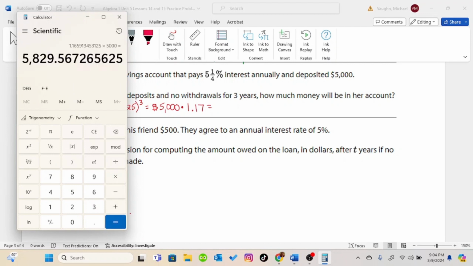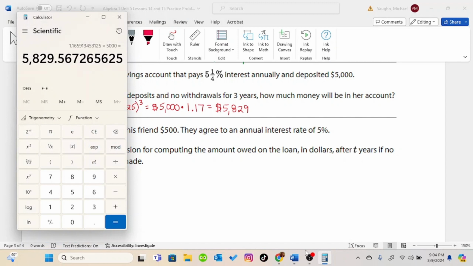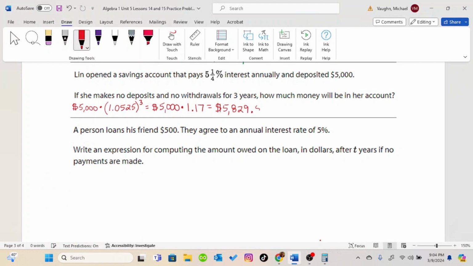And we get a total of $5,829. And the 7 rounds the 6 up, so that's 57 cents. So depositing $5,000 at 5.25% interest annually for 3 years will give Lynn $5,829.57.